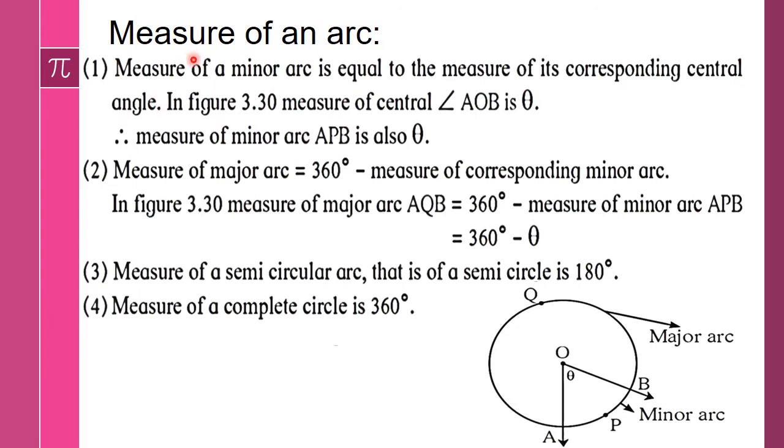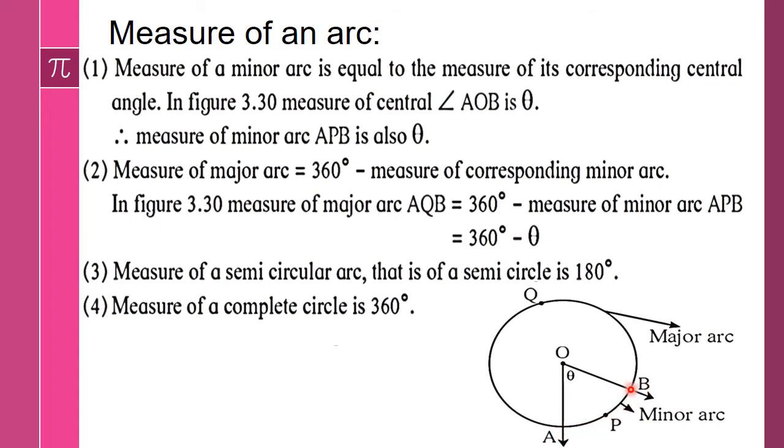Measure of an arc. The first important point is that the measure of a minor arc is equal to the measure of its corresponding central angle. In this particular figure 3.30, the measure of angle AOB is theta and the arc intercepted by it is APB. So the measure of this minor arc APB is equal to the measure of angle AOB, which is the central angle.